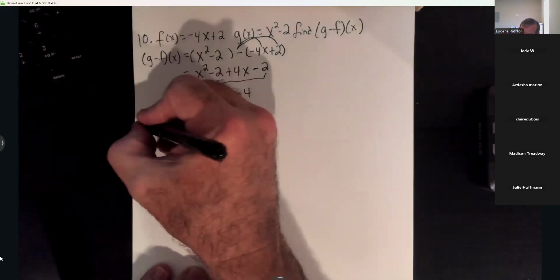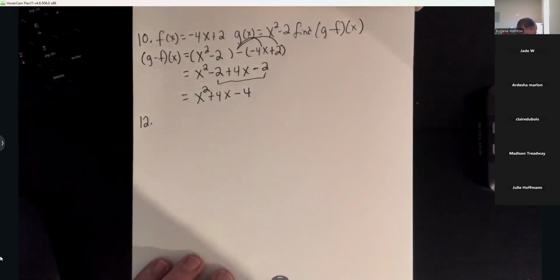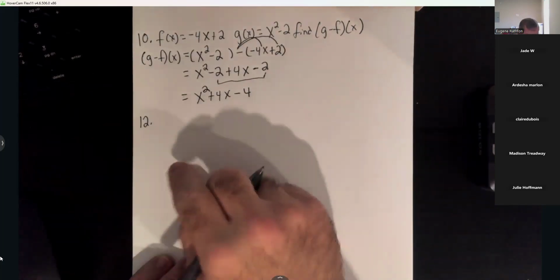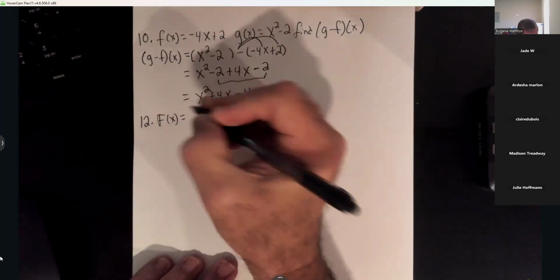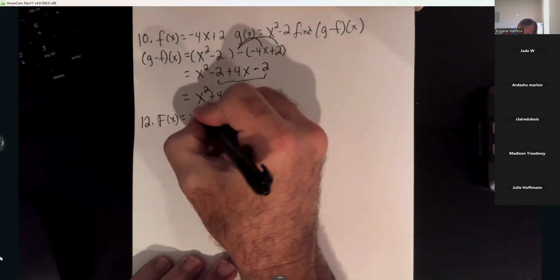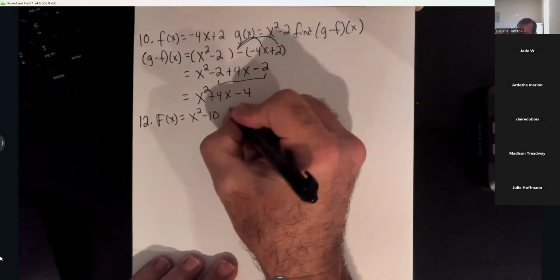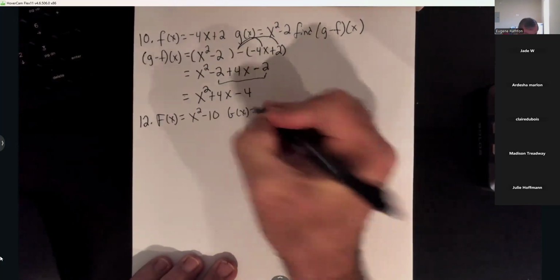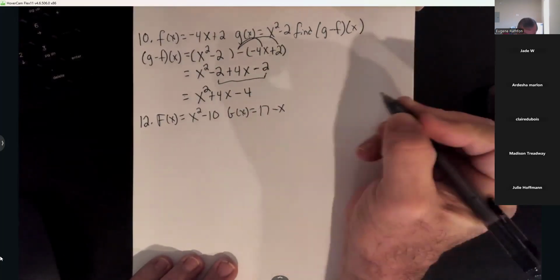Oh, yeah, 11's a repeat, so let me do 12. So 12 is sort of interesting here. They're giving me f of x equals x squared minus 10. They're giving me g of x equals 17 minus x.